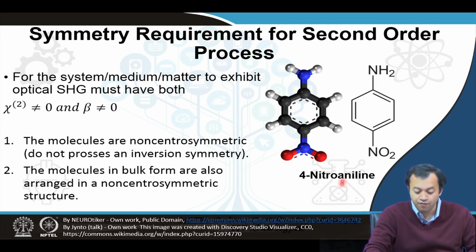This is a stick figure of 4-nitroaniline. You have NO2 on one end and NH2 on the other. This is the amine group. Amine, ammonia, the strong smell you get when you enter a lavatory or a laboratory, ammonia.